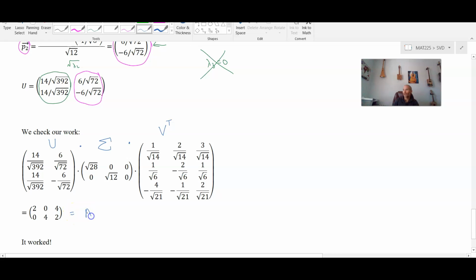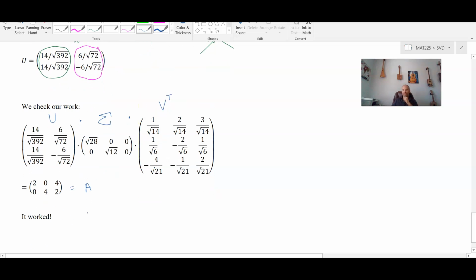Well, I should get my original matrix back. So it worked. At least it worked for this case, and the good news is that this theorem holds for any non-square matrix. So next we might wonder, how is this in any way going to help us compress images? And that's what we'll do in the next video.